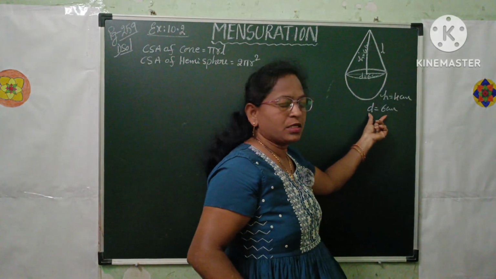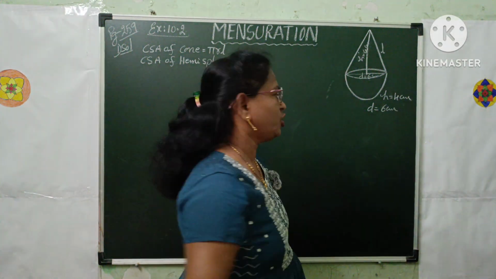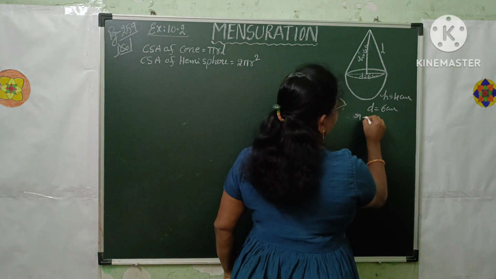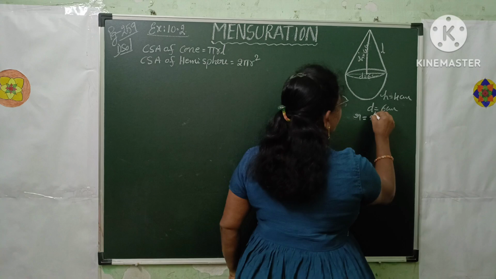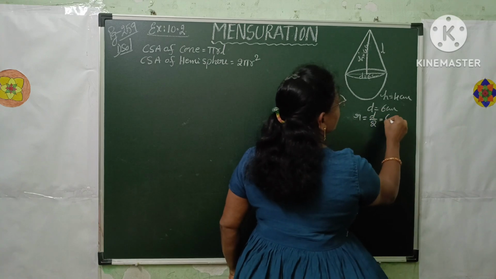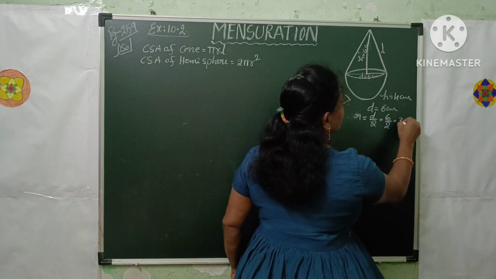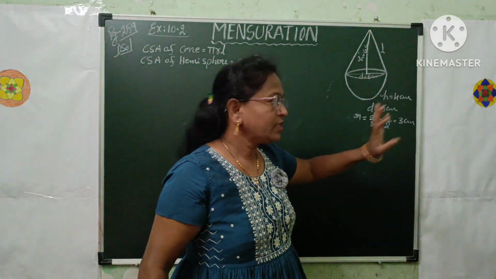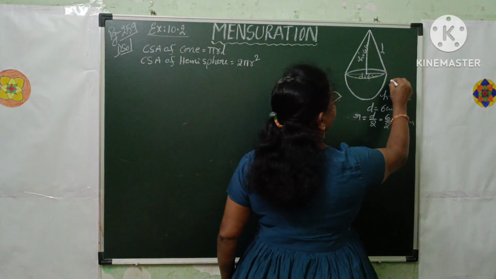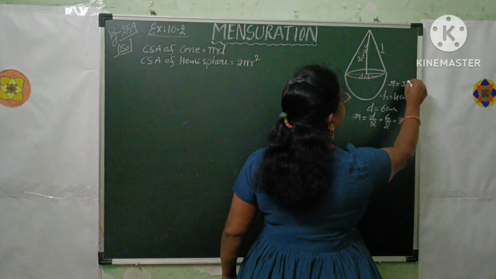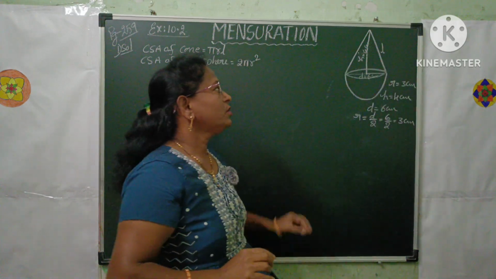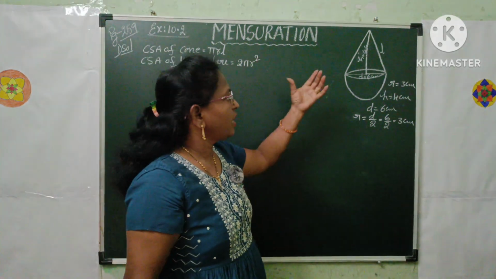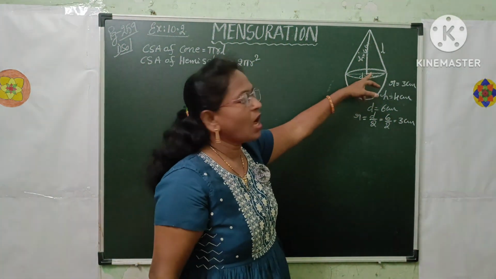Here diameter is given, we have to find the radius. Radius equals diameter by 2, that is 6 by 2 equals 3 centimeters. So radius equals 3 centimeters. Next, how to find the slant height? Slant height L equals square root of h square plus r square.